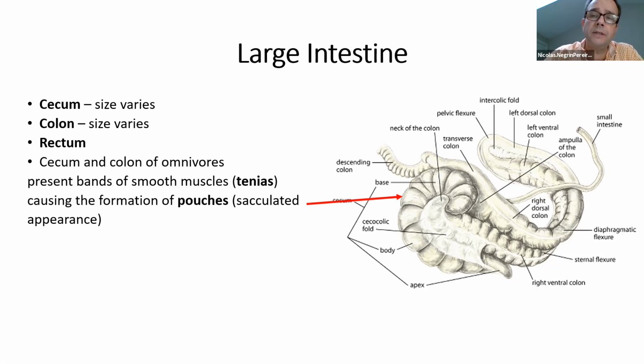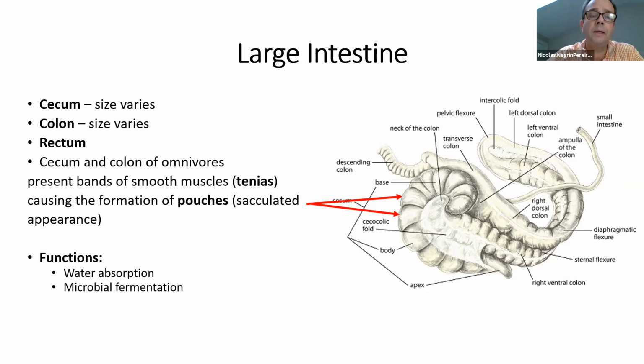It is thought that the main role of these sacs is to decrease the speed of transit of the digesta. This gives more time for the cecum and colon to ferment that feed and to absorb nutrients from it. The main function of the large intestine is, number one, water absorption. And also, not less important, it is the site where microbial fermentation takes place.